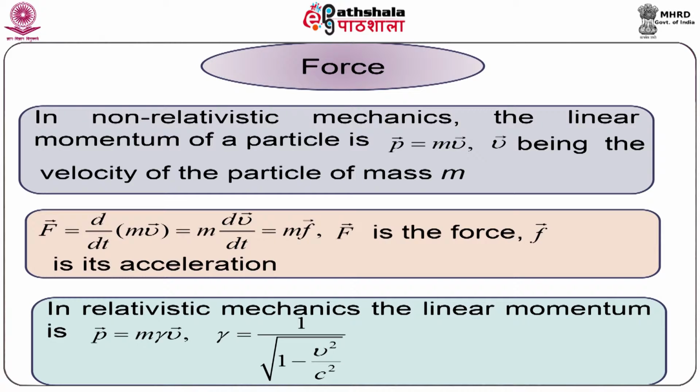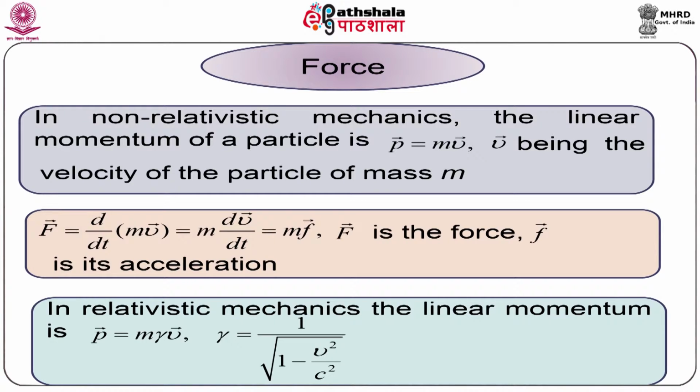We know that acceleration is nothing but the time rate of change of velocity vector, that is d/dt of v vector gives the acceleration vector. So, F vector is equal to d/dt of m into v vector, that is d/dt operated on linear momentum p vector.